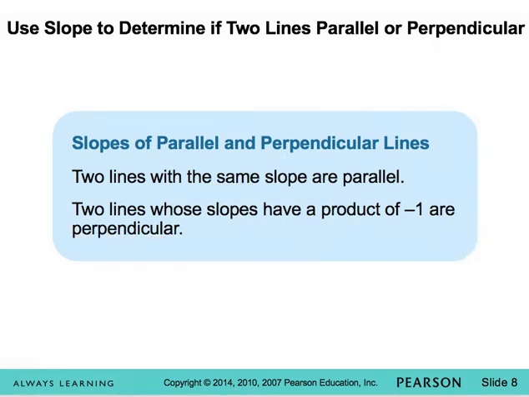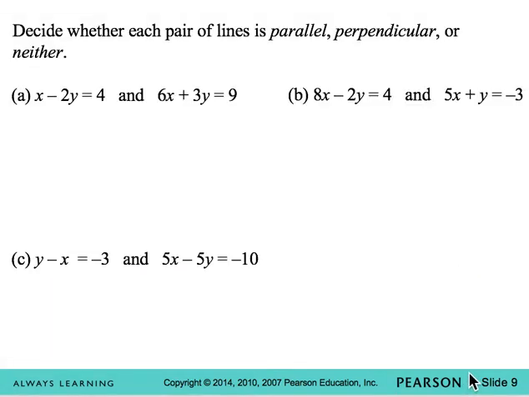Okay, so decide whether each pair of lines is parallel, perpendicular, or neither. To determine that, I need to know the slope of each one. If I'm looking at equations to find the slope, I solve for y. So let's do the first. I need to solve each one of these for y. I'm going to subtract x from both sides.